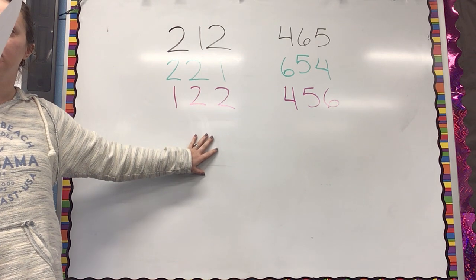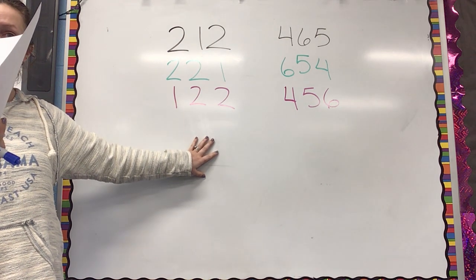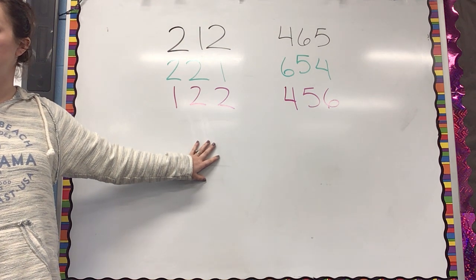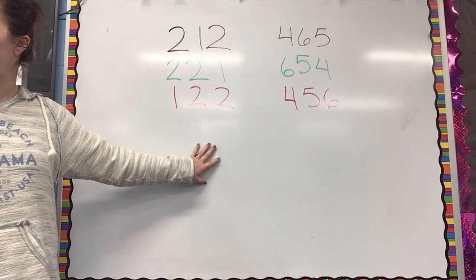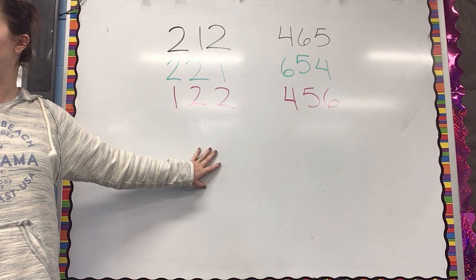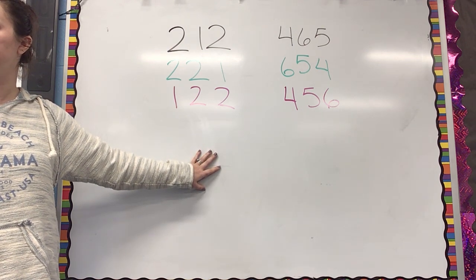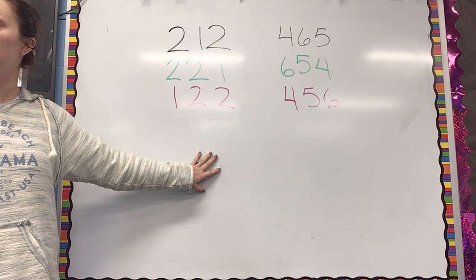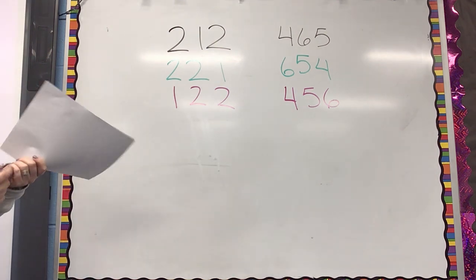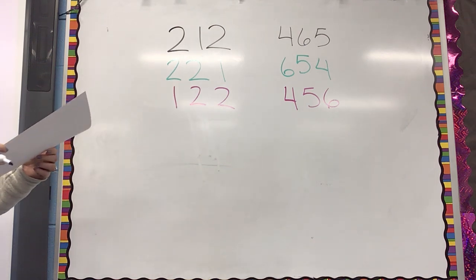Justice? 025. 237. 127. 235. 119. 123. 235. 732. So lots of different numbers, okay?